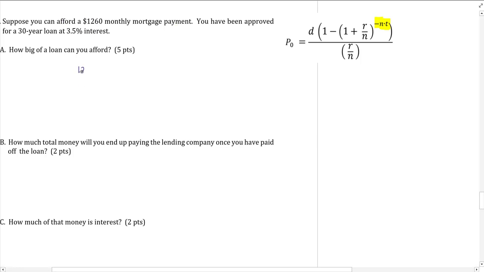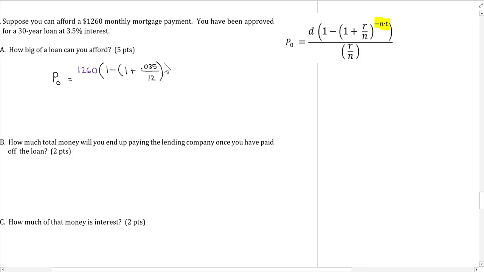I'm going to put 1,260 in for D. And I want to know the initial amount of my principal, or in other words, the mortgage amount. So I'm going to put 1,260 times the quantity 1 minus 1 plus 0.035. Make sure you're putting your 0 in there when it's less than 10%.